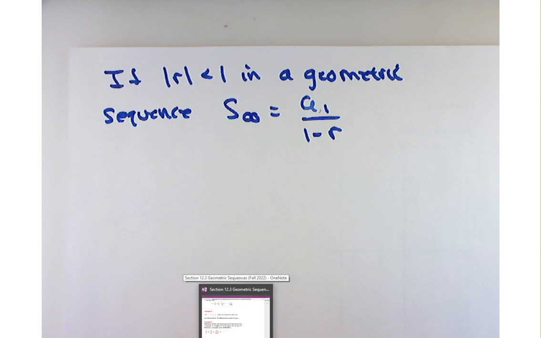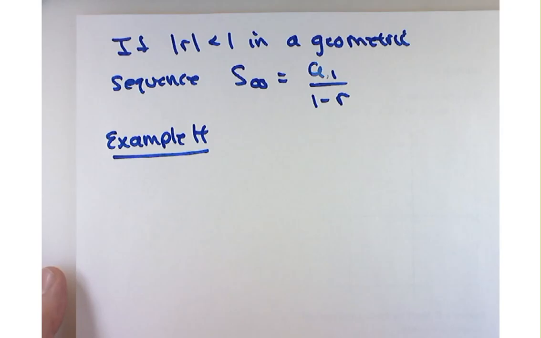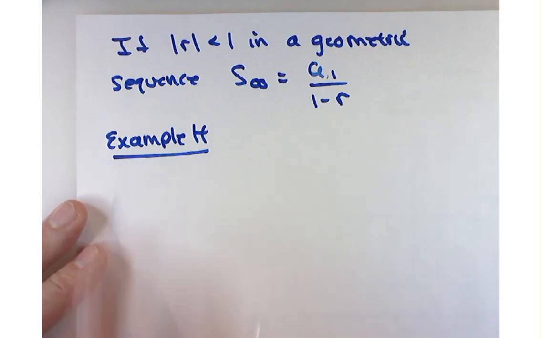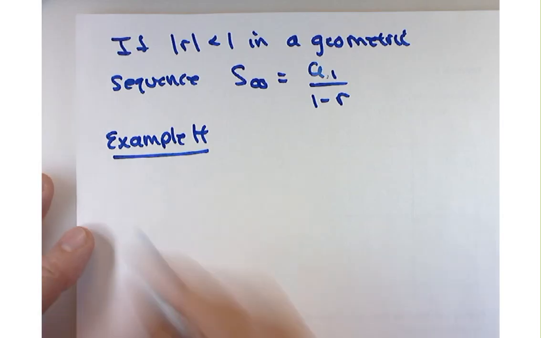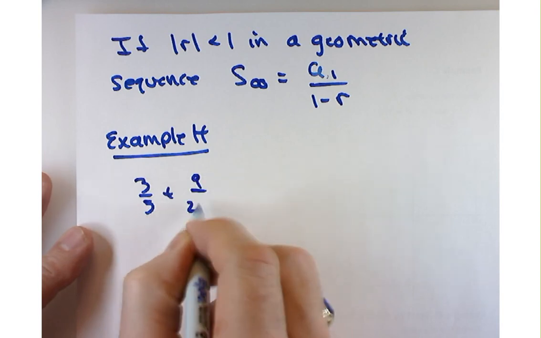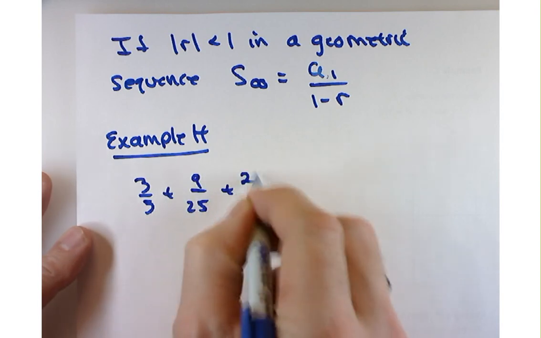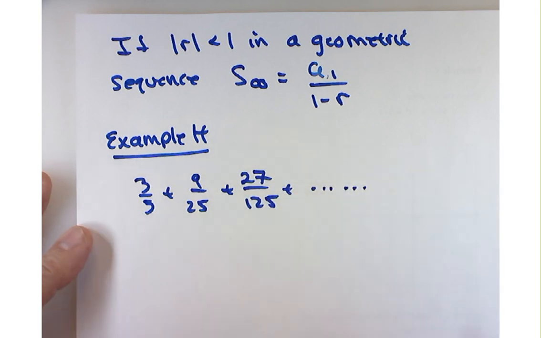Let me show you what S sub infinity means with example H. So I'm skipping example G for the moment. Example H looks like this: 3/5 plus 9/25 plus 27/125 plus dot, dot, dot.